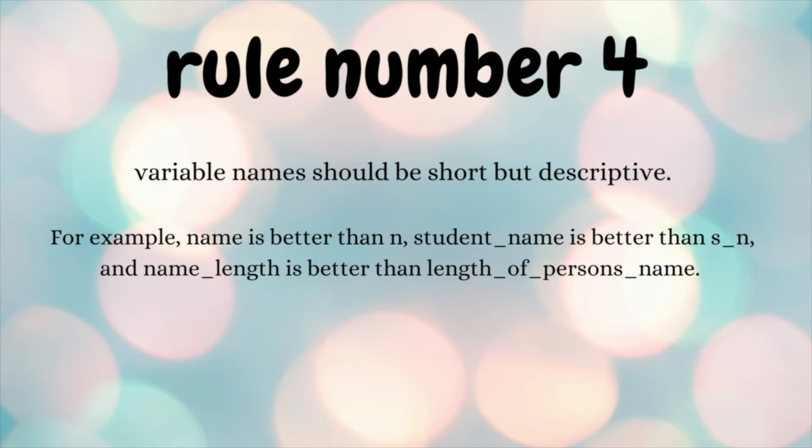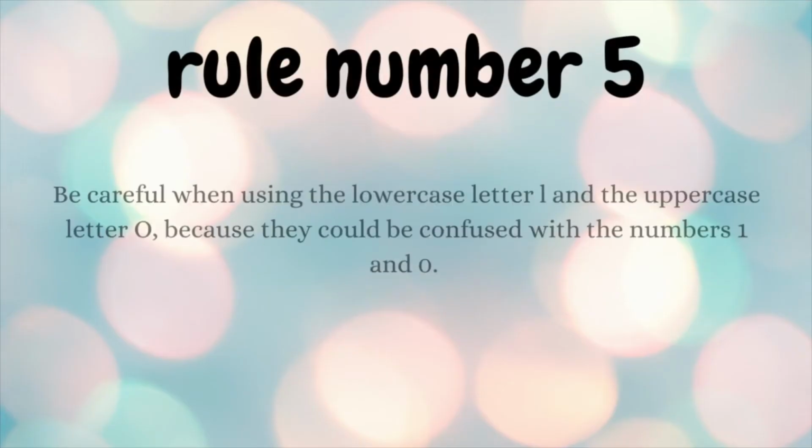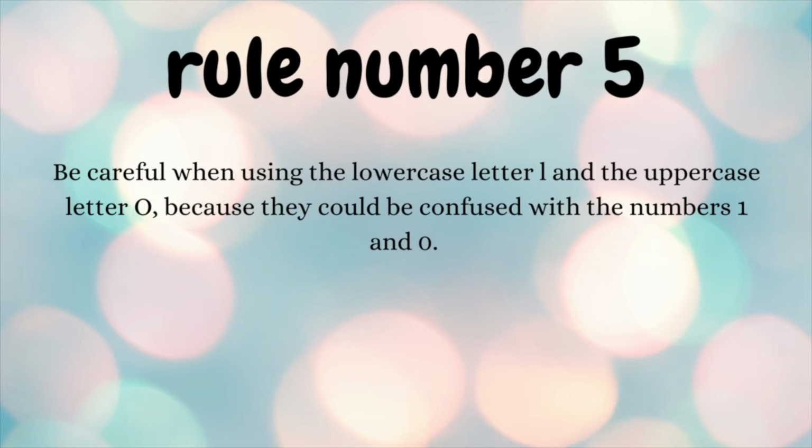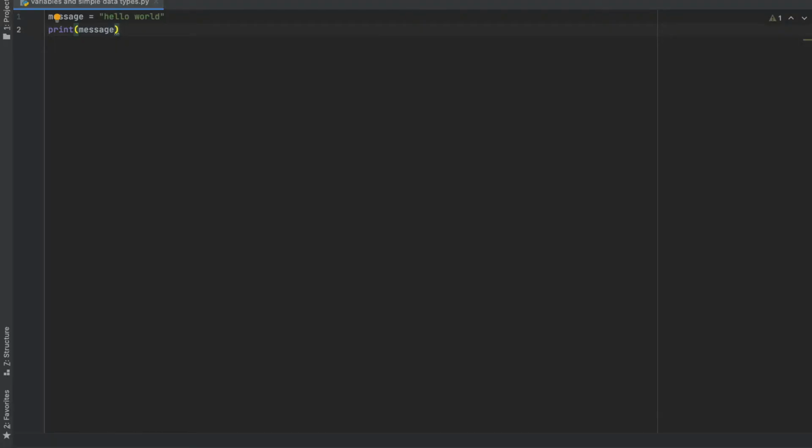For example, name is better than n, student_name is better than s_n, and name_length is better than length_of_person's_name. Rule number 5: be careful when using the lowercase letter l and the uppercase letter O, because they could be confused with the numbers 1 and 0. When you go back to them, you'll get confused between 1 and 0. So those are the most important rules.